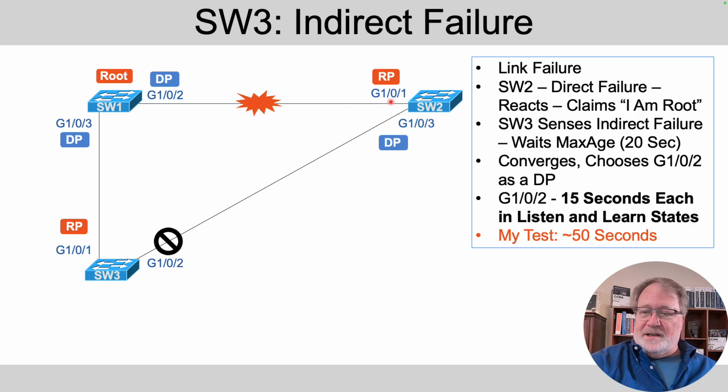An interface went down, its root port went down. So it turns out in this case, look at the notes up here. Switch 2, direct failure, reacts, and it's not getting hellos from the root anymore, so it claims to be root. That's all it can do, is say, hey, I am root. So it's sending messages down to switch 3 saying, I am root. I have the best bridge ID. Switch 3 is ignoring that for 20 seconds.